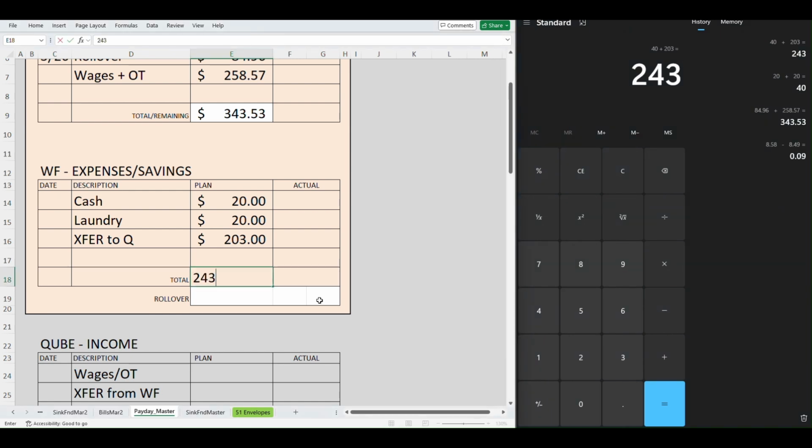Yes, 243. So if I take 343.53 minus the 243, I should have at least $100, and that was my goal, is to have $100 rollover money, and the rest can live over in the cubes. $100.53. That worked out just fine, just like I wanted.